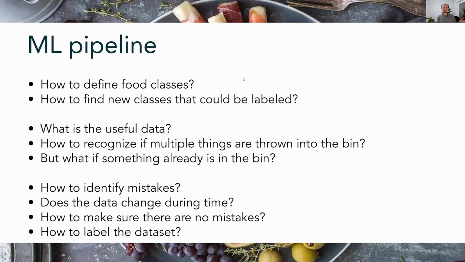All right, now this is the interesting part for the machine learning meetup: the machine learning pipeline, and how do we do this? I would like to emphasize in this presentation how to define different food classes and how to find new classes that could be labeled. Like in every problem, I talk to my friends who work in different companies, and they all have similar challenges. Somebody is trying to distinguish between Coca-Cola bottles, whether it's Coca-Cola Zero or Coca-Cola, whatever.